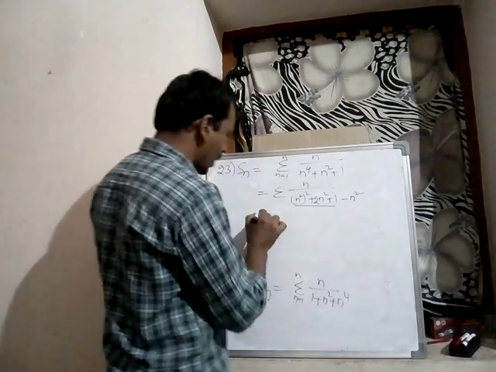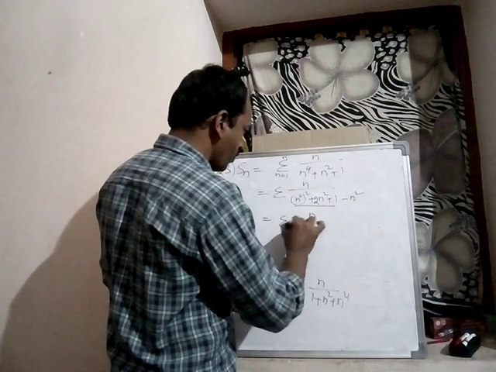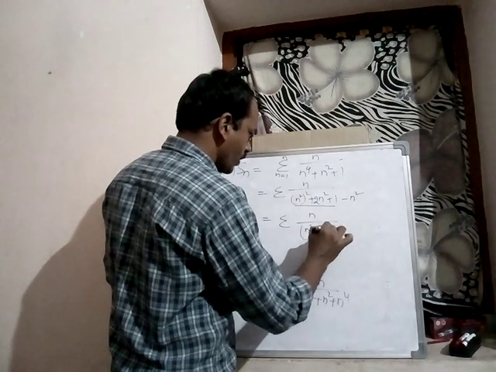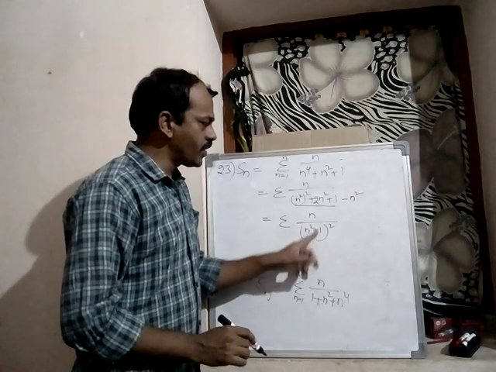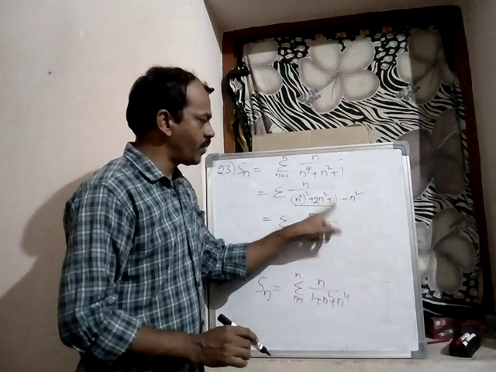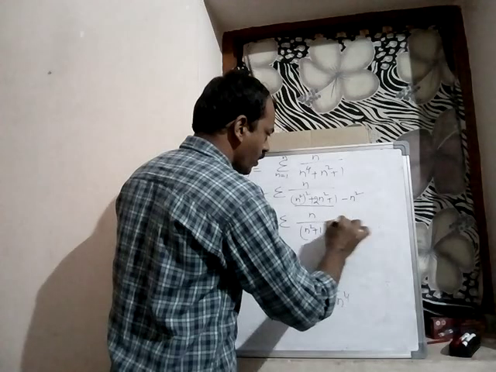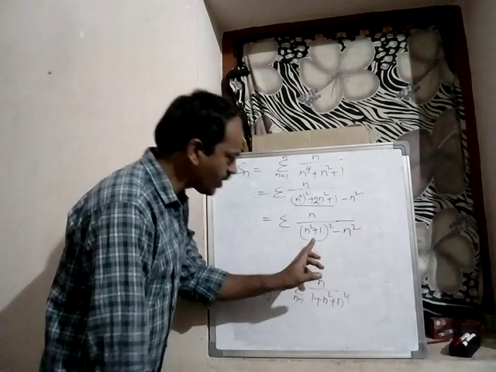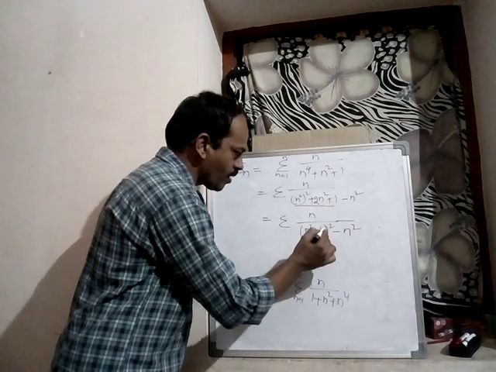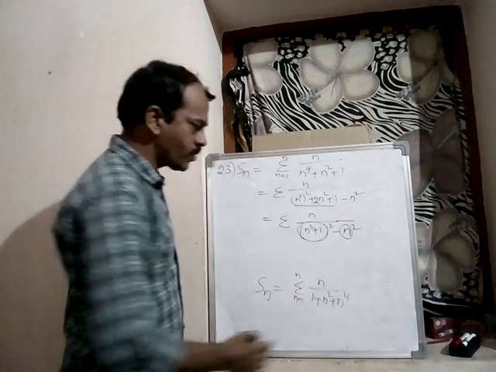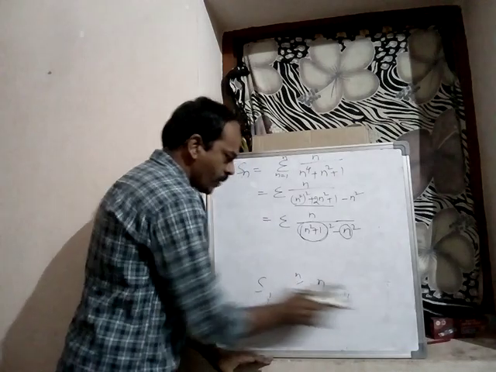So this can be written as sigma n by, this can be written as a plus b whole square: n square plus 1 whole square minus n square. Now observe the denominator. Again this is in the form of a square minus b square. A square minus b square can be written as a minus b into a plus b.